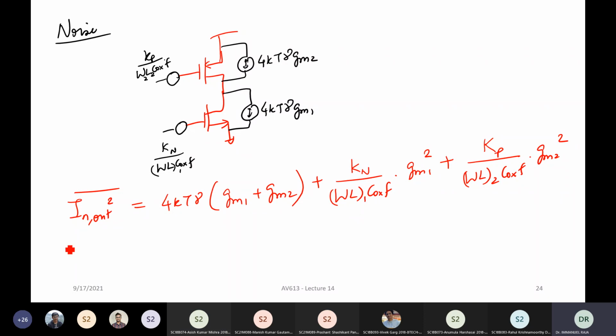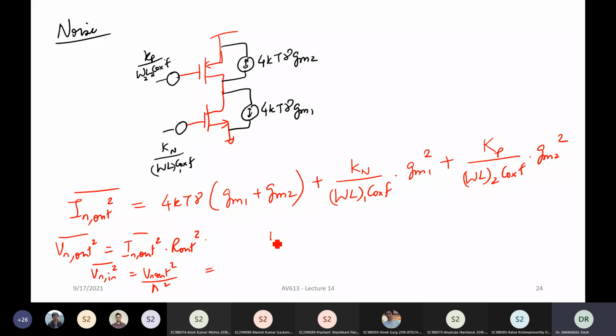Now, what is Vn out squared? Of course, this is In out squared multiplied by R out squared, and your Vn in squared is going to be what? Vn out squared divided by gain squared. Now, what is your gain squared?